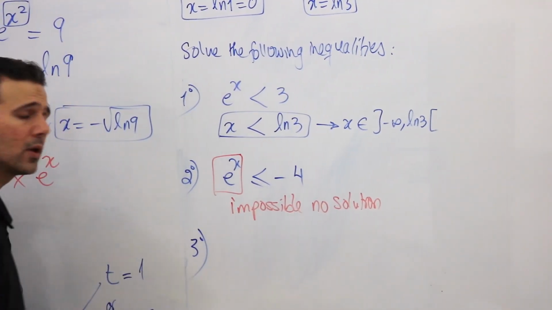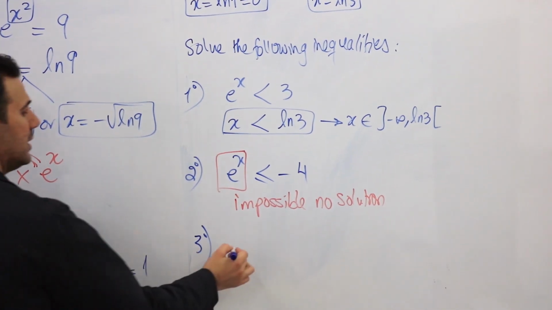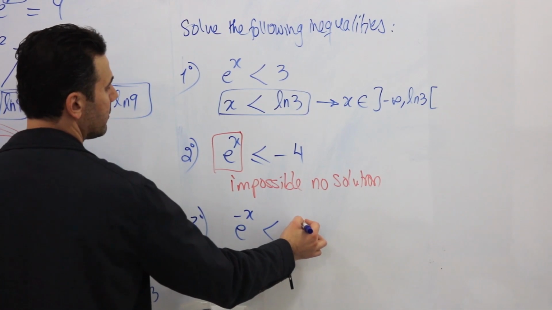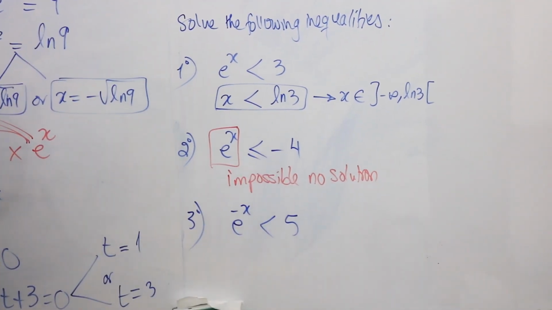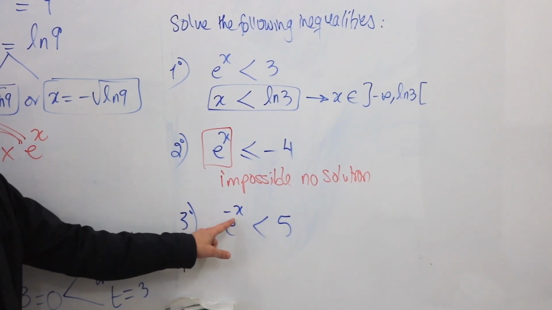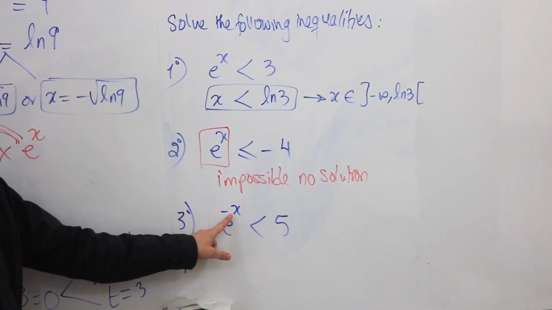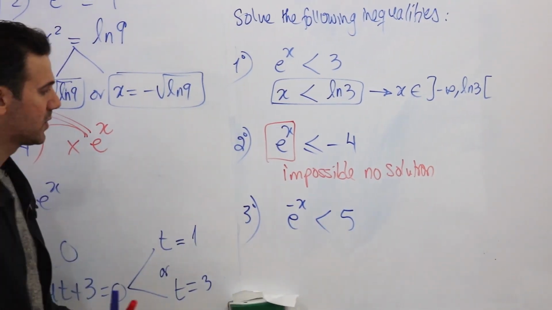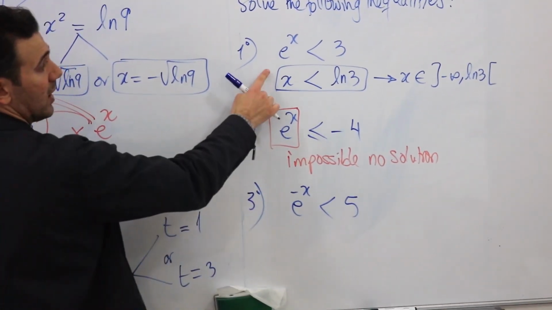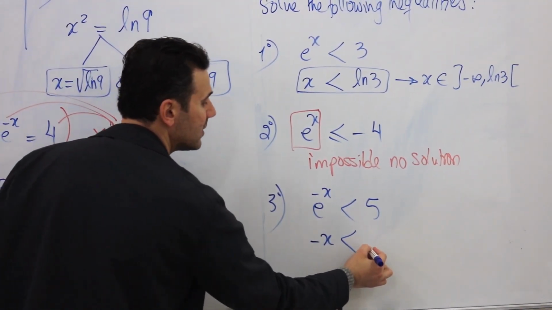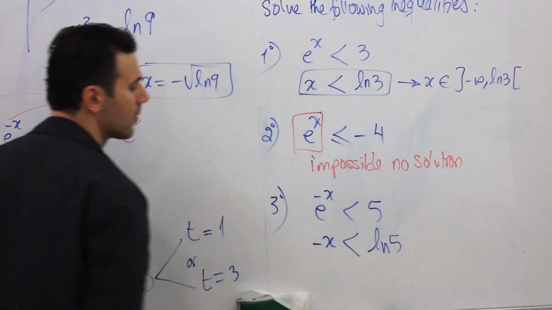3. What if we have e power minus x, let's say, less than 5? No problem if we have the exponent of negative values, as you know. This is a positive less than 5. Yes, it's possible. So, to deal with it, as we have done here, minus x will be less than what? ln 5, yes.